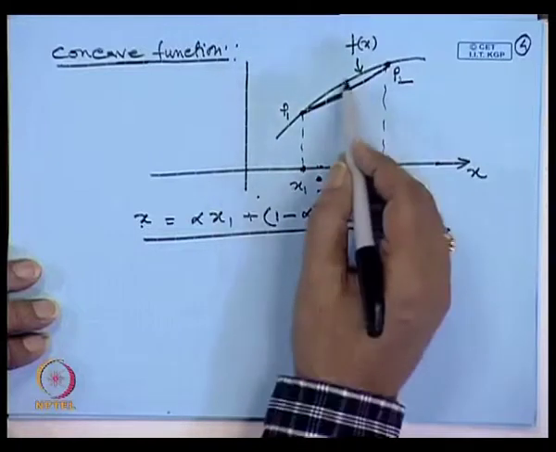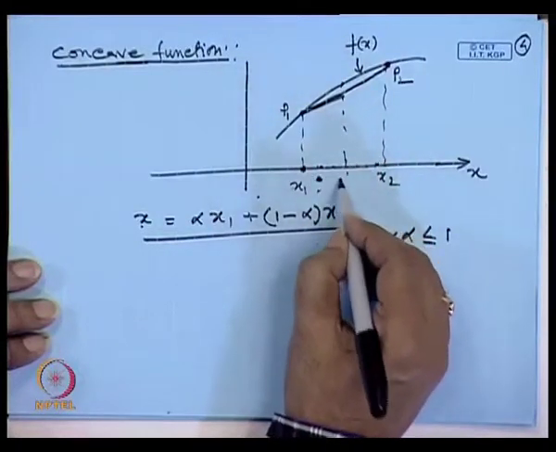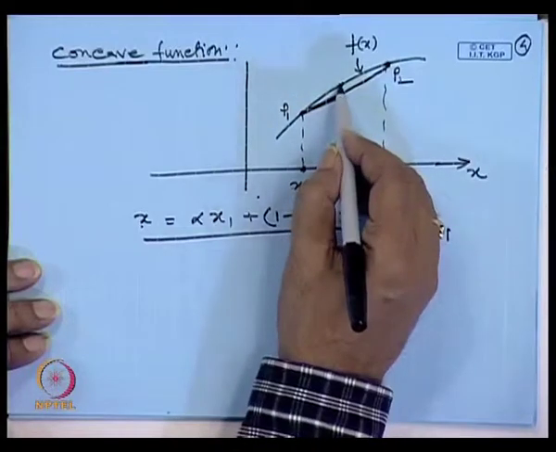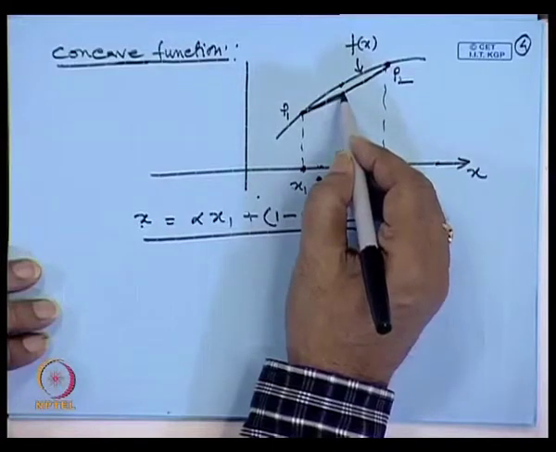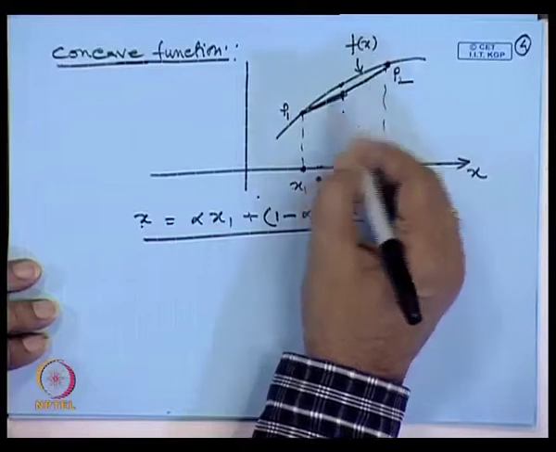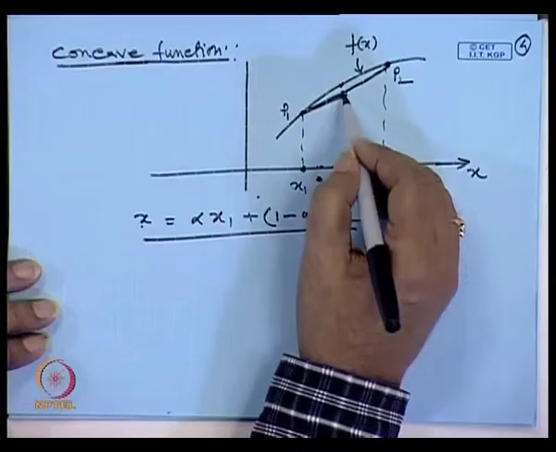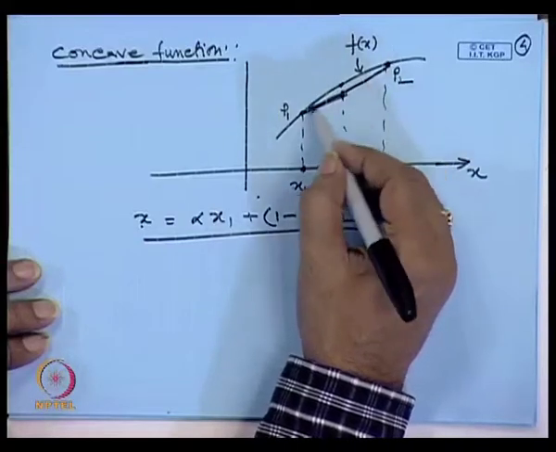You see in this case, the function value at any point between x1 and x2, let us call it x, is always greater than the value on the chord. What is the y value at this point on the equation of this straight line? It is always less than the function value f of x.